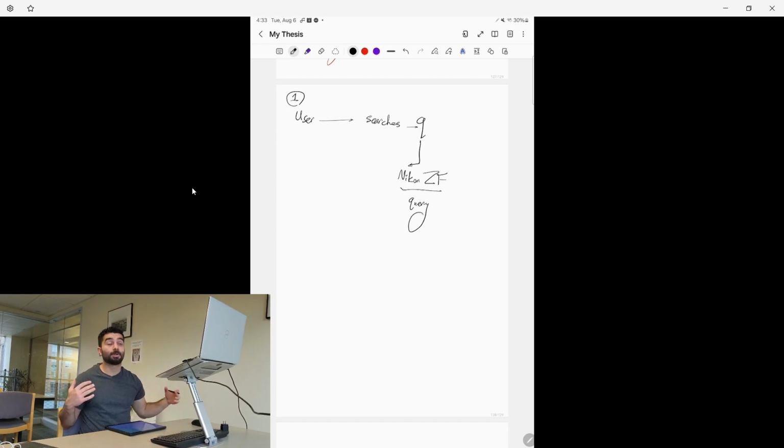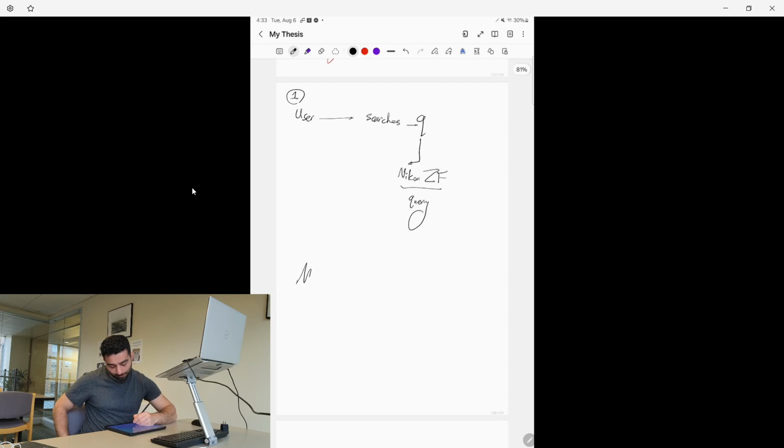Let's assume we have M products, 1 to M, which are related to the Q, right?